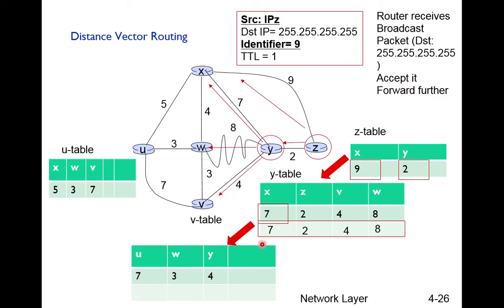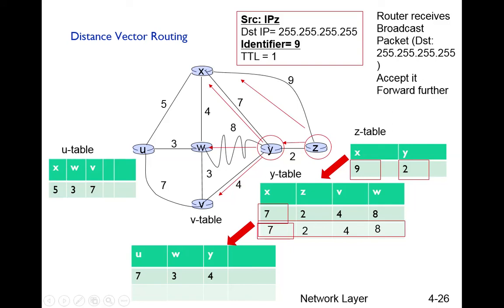Accept it means that it will process whether this table provides some new information to v or not. Okay, so let's discuss. At the moment, v has this table, and this is the table shared by y. So let's discuss each entry.